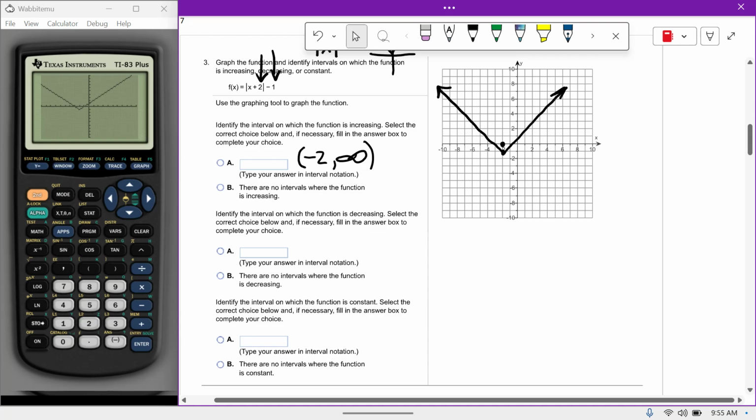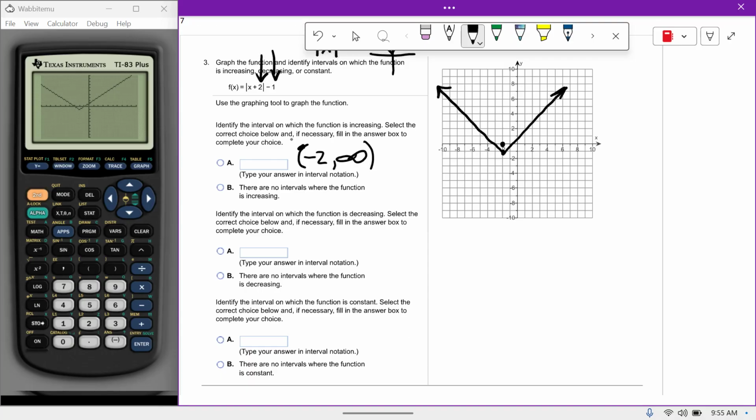Did you do that in Algebra 2? Okay. So interval notation. If it equals something, it's a bracket. If it's like an open circle for greater than, less than, it's a parenthesis. Infinity always, always, always has parentheses. Always. Because it's not a specific point. Infinity is not a specific point. So it's always a parenthesis. So it's increasing from -2 to infinity.